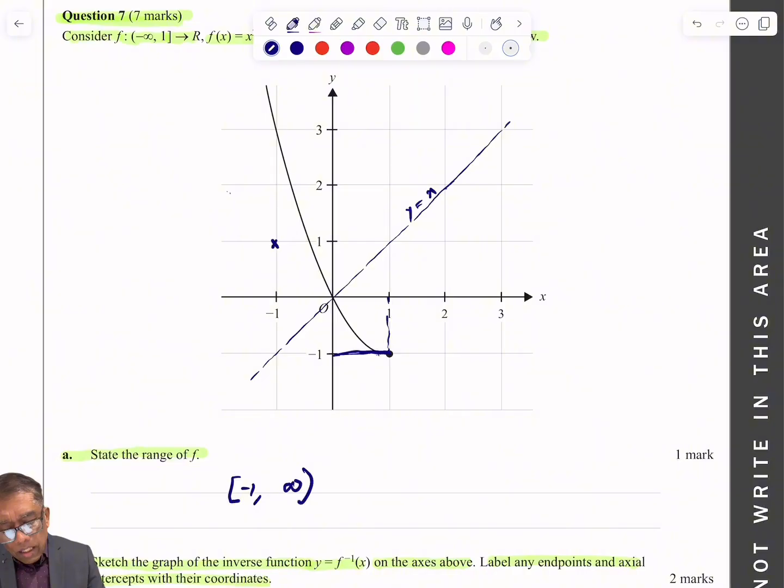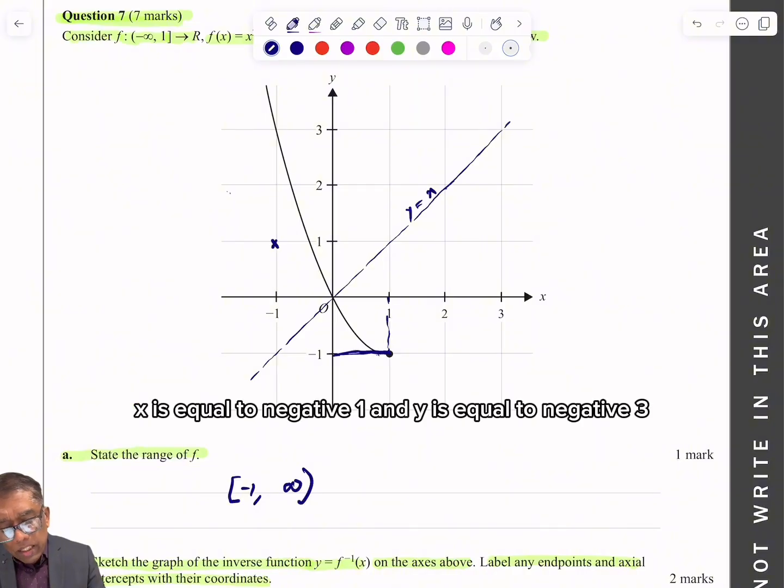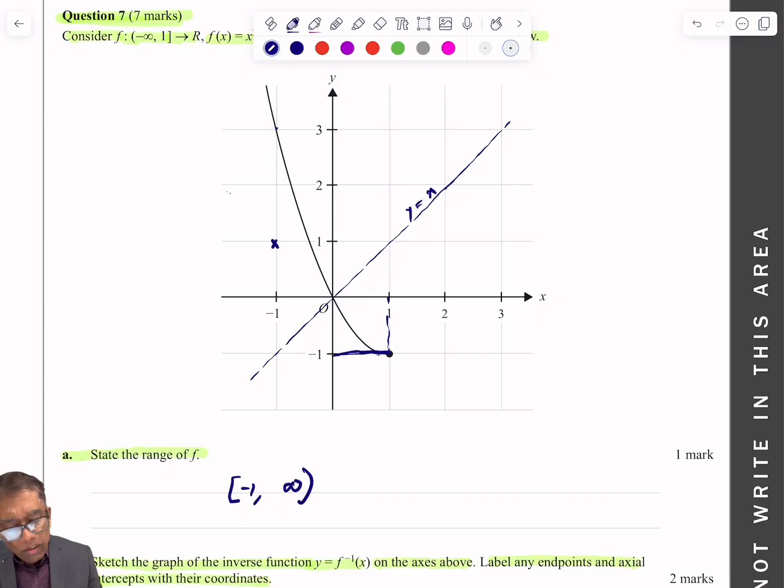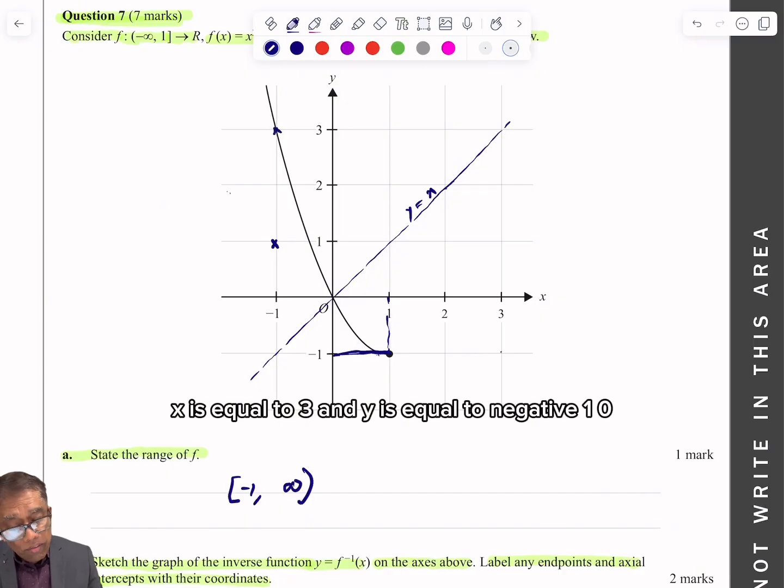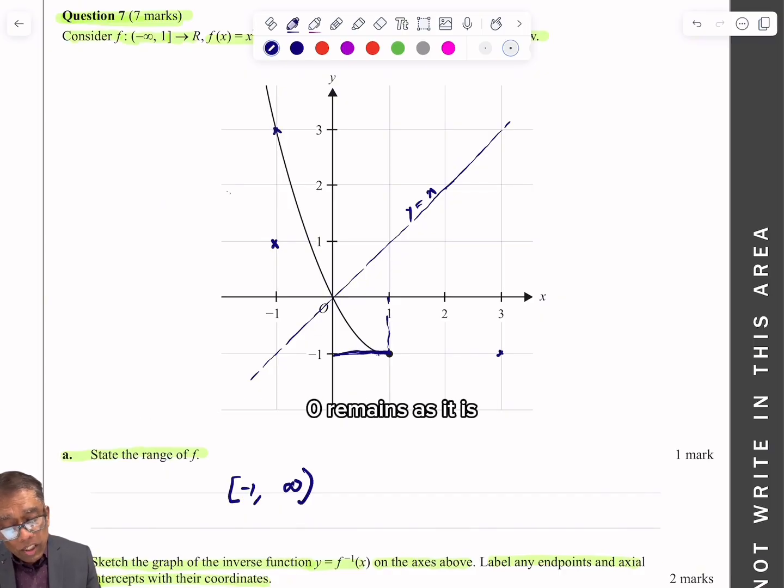Then the other one, x equals -1 and y equals -3 goes to x equals -3 and y equals -1. X equals 3 and y equals -1 goes to x equals -1 and y equals 3. The point 0, 0 remains as it is.